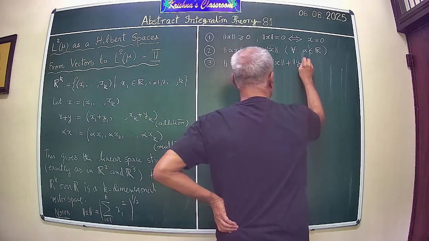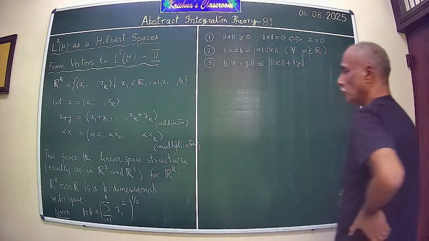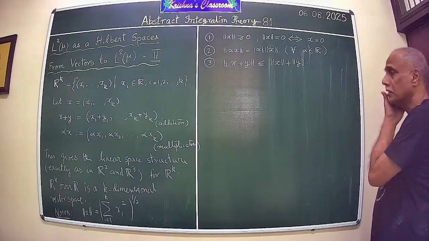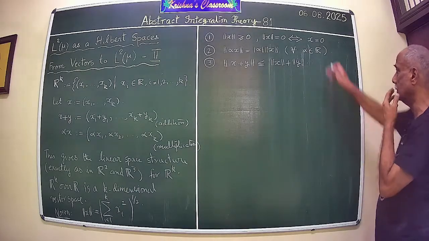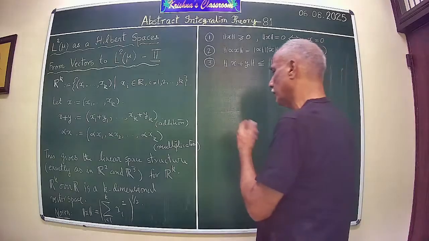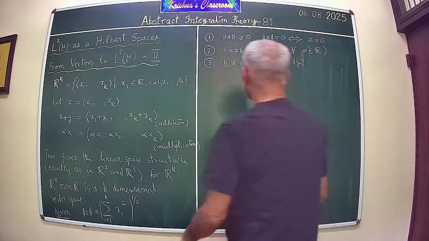So we have successfully obtained norm exactly as in the case of R2 and R3 in Rk. But all these are very specific proofs, which I am not going to do, but I will do it in general.